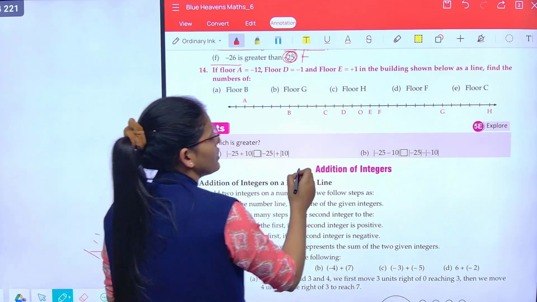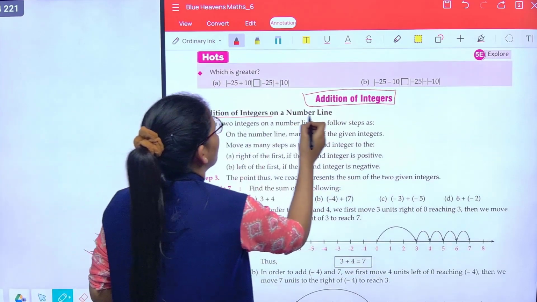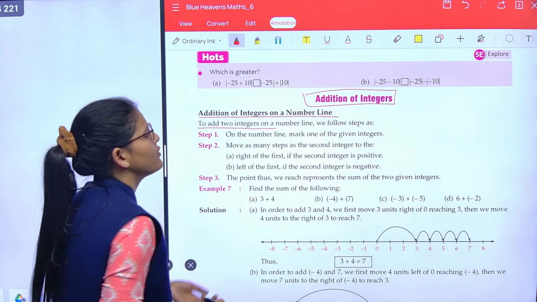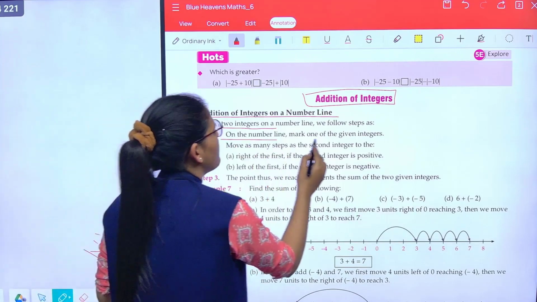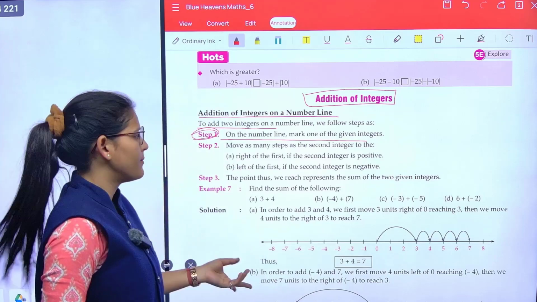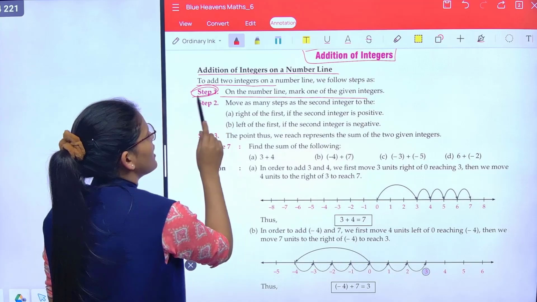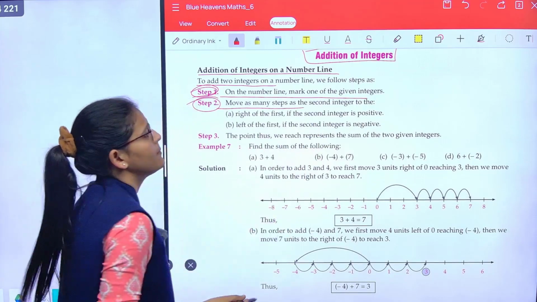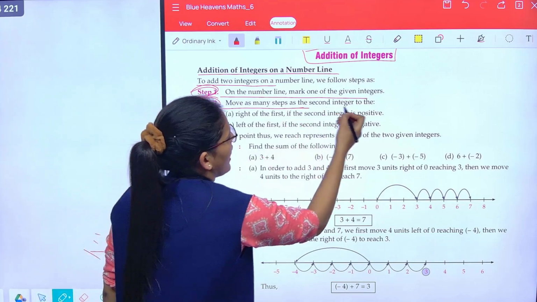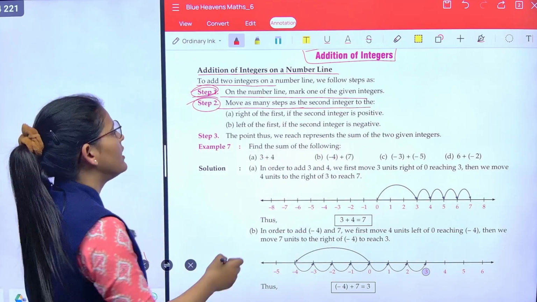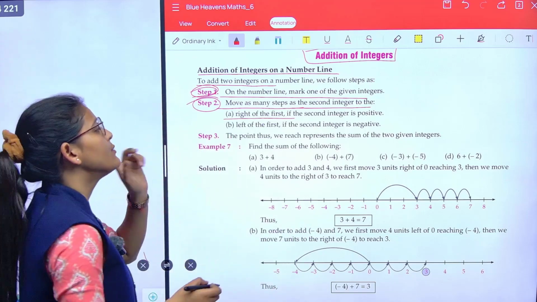Come on. Addition of integers. Addition of integers on a number line. To add two integers on a number line, we follow steps as 1. On the number line, mark one of the given integers. Now step 2, move as many steps as the second integer to the right of the first if the second integer is positive.